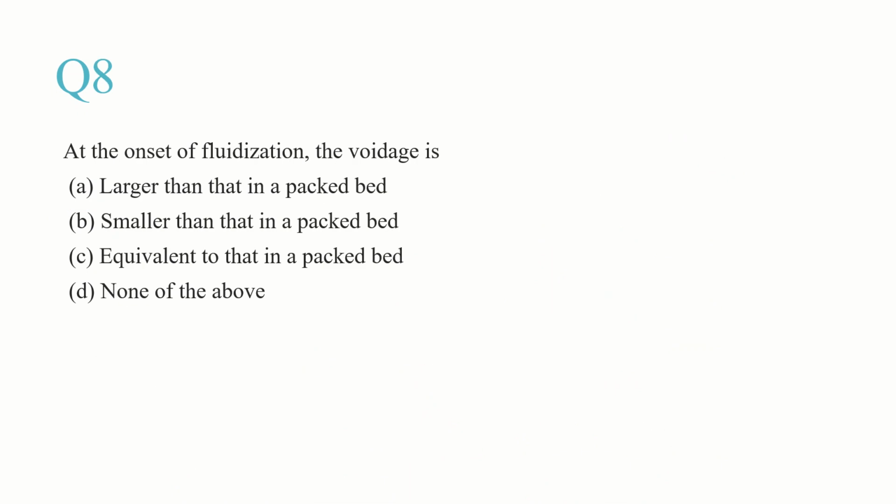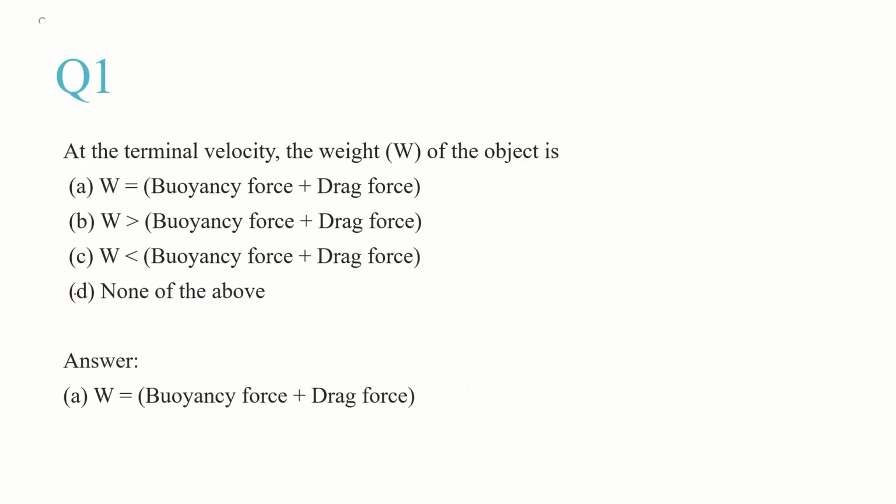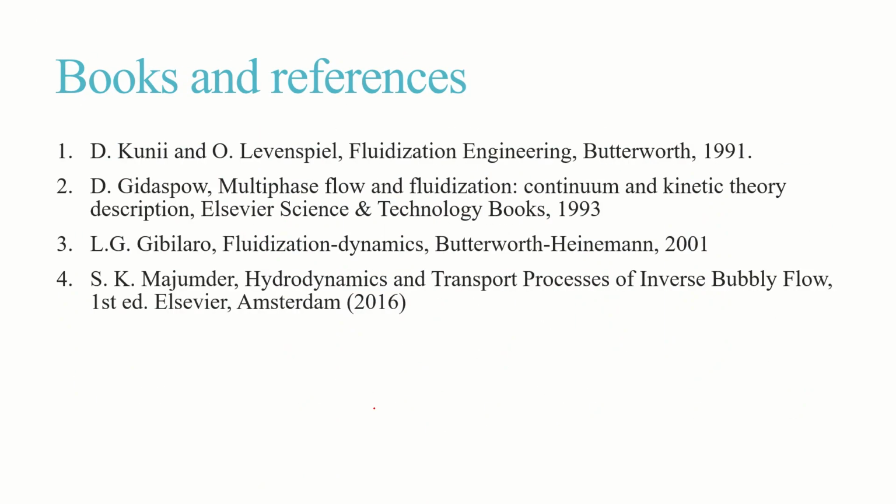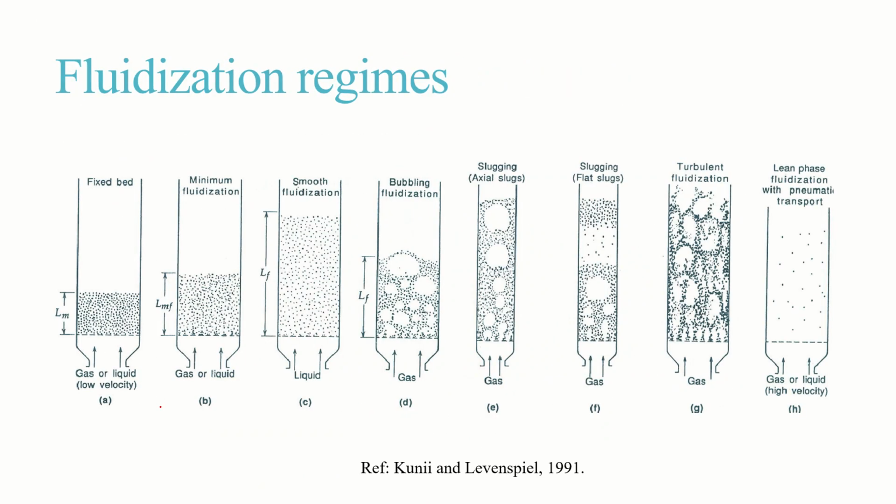In question 8, it is asked: at the onset of fluidization, is the voidage larger than in a packed bed, smaller than in a packed bed, equivalent to that in a packed bed, or none of the above? In the diagram we saw, this is the onset of fluidization and this is the packing fraction.